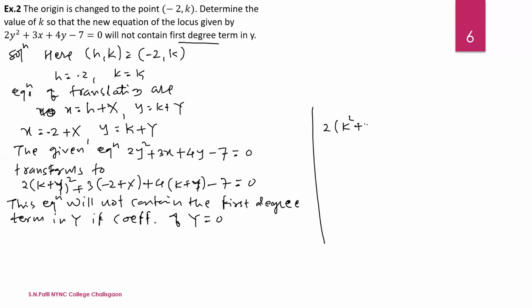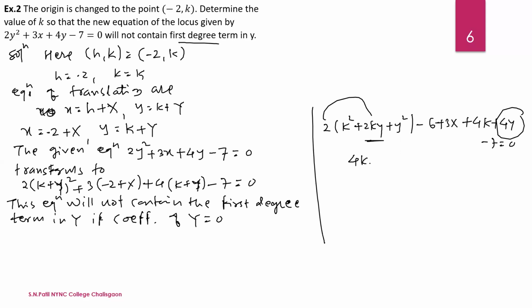Okay, so here we get 2k square plus 4kY plus 2Y square minus 6 plus 3X plus 4k plus 4Y minus 7 is equal to 0. Now Y is present after multiplying by 2, that is 4kY, and here plus 4Y.